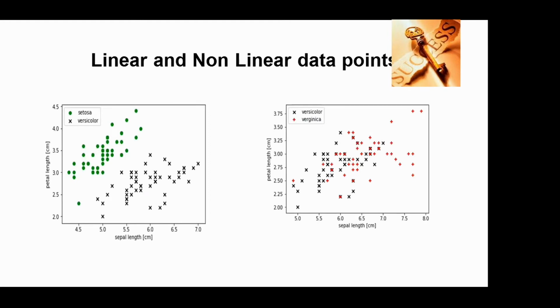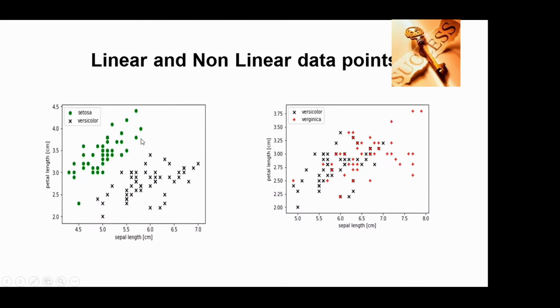Now we are moving towards the classifiers. Before discussing classifiers, we have to understand what linear data is and what non-linear data is, because we have to classify them. Data may be integers, or text, or some patterns also.